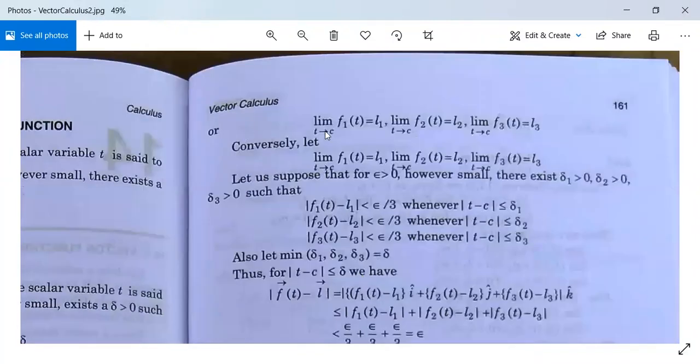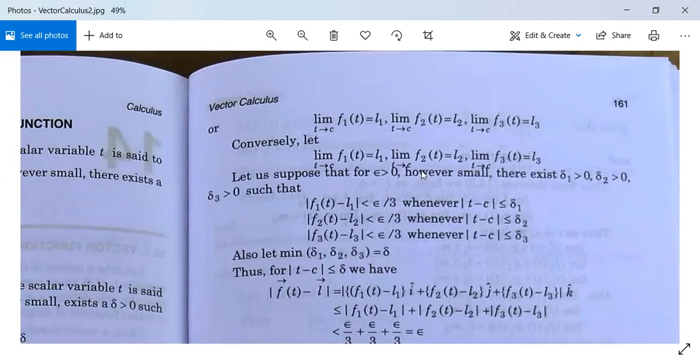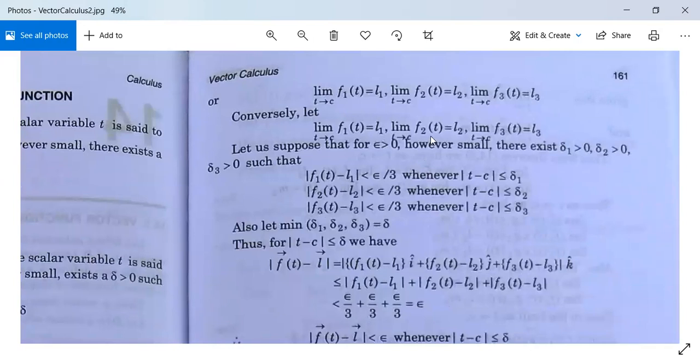So it means limit f1(t) is L1, limit f2(t) is L2, and limit f3(t) is L3, all as t tending to c. Conversely, suppose limit f1(t) is your L1 and limit f2(t) is your L2 and limit f3(t) is your L3.